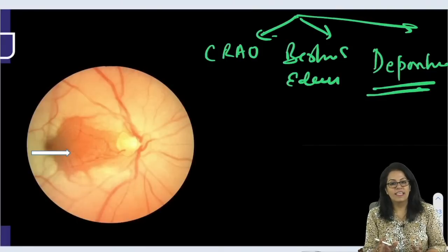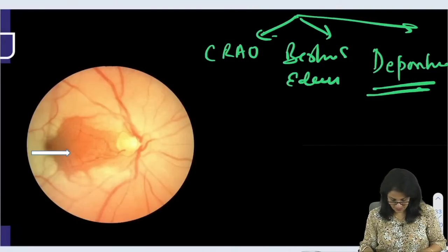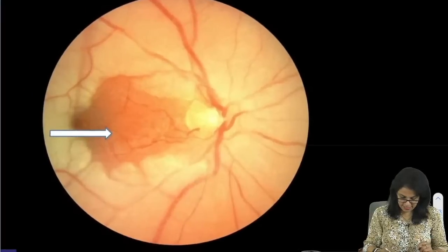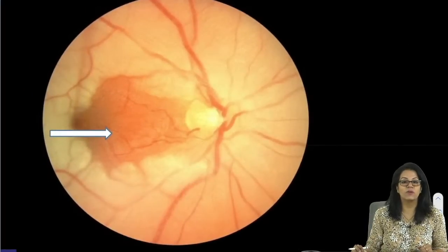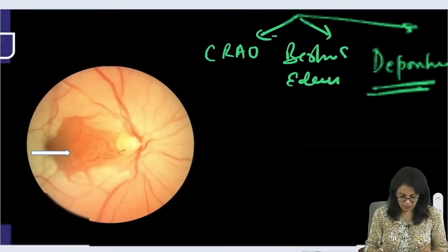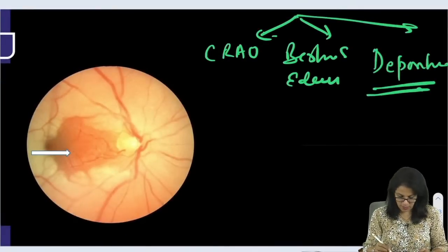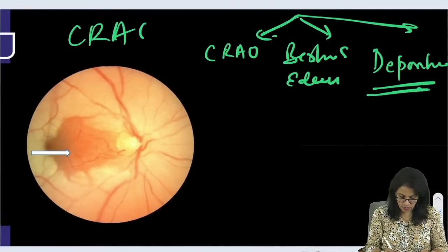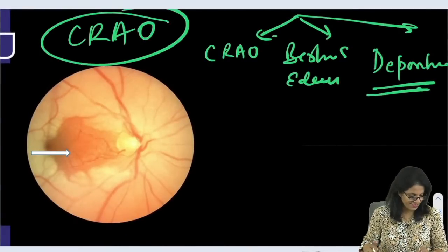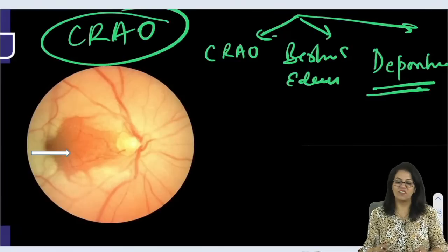Now tell me, what are you looking at in this slide? This is your question, you will answer this. What is the arrow indicating? Quickly, I am already telling you this is a case of CRAO. Now what is the arrow?